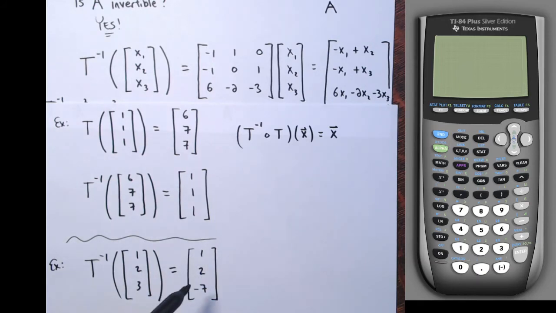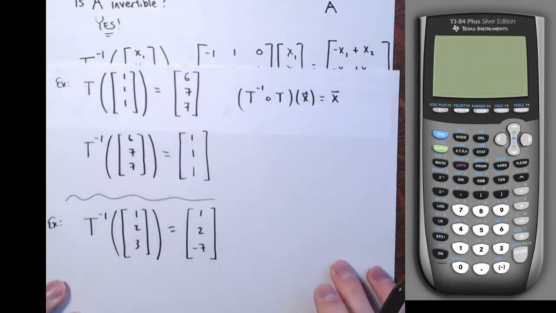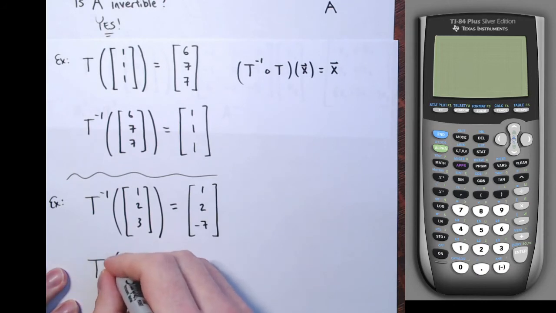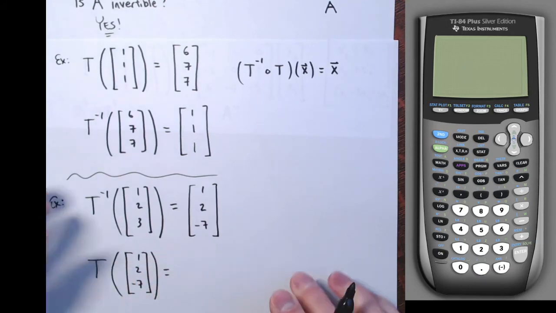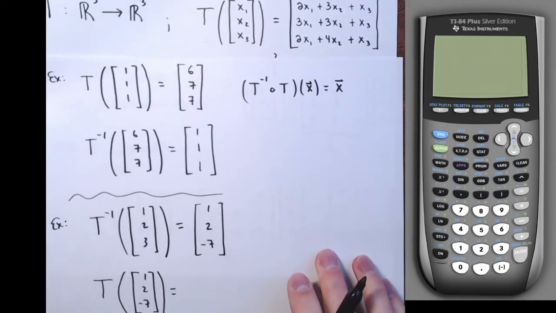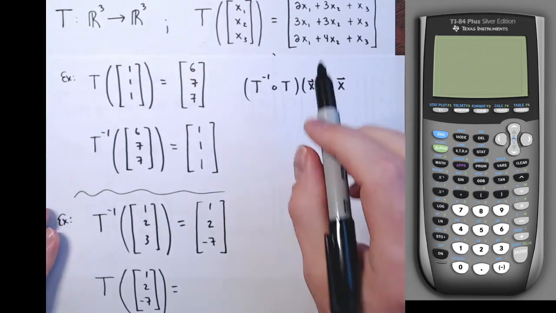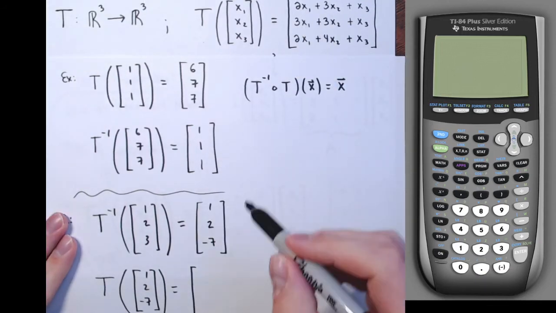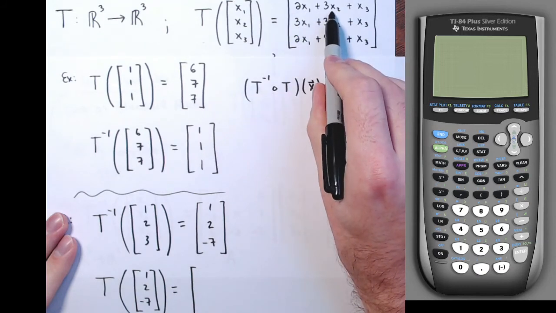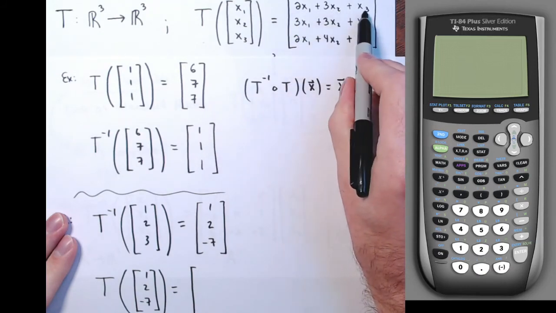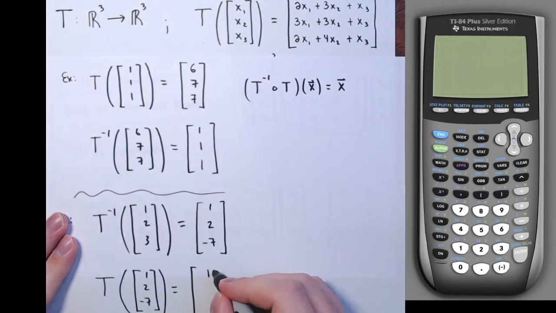Now let me take this 1, 2, negative 7 and plug it into T, and hopefully I get 1, 2, 3 back. It'll take me right back in. So what's T of the vector 1, 2, negative 7? Going back to the rule for T up here, we'd have 2 plus 6 is 8, plus negative 7 is 1.